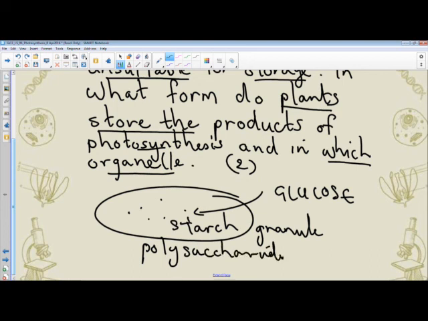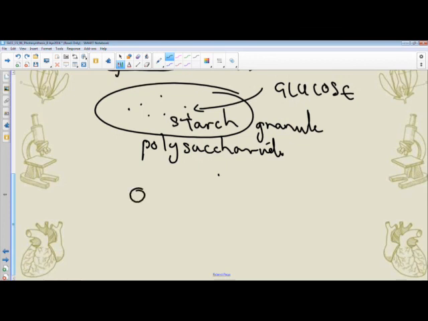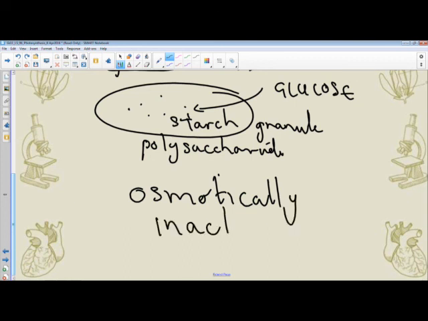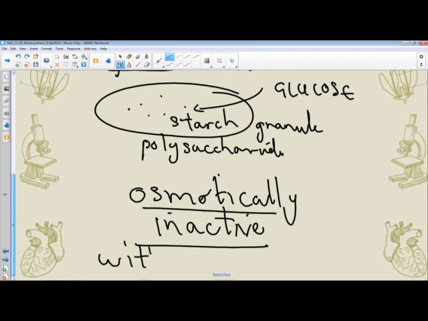And what is unique about the polysaccharide molecule is that it is osmotically inactive. And that simply means that it can be stored in the plant in an inactive form without affecting osmosis. And that's essentially very important.